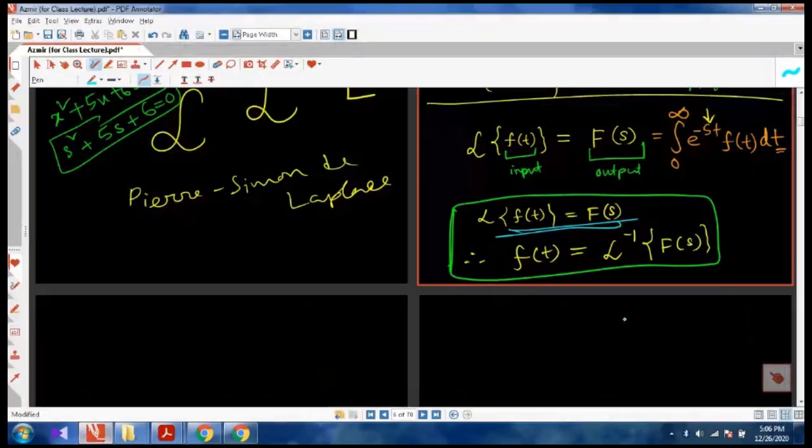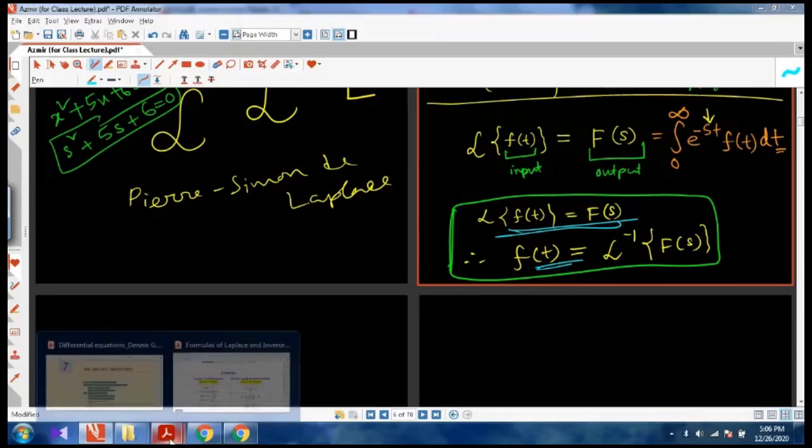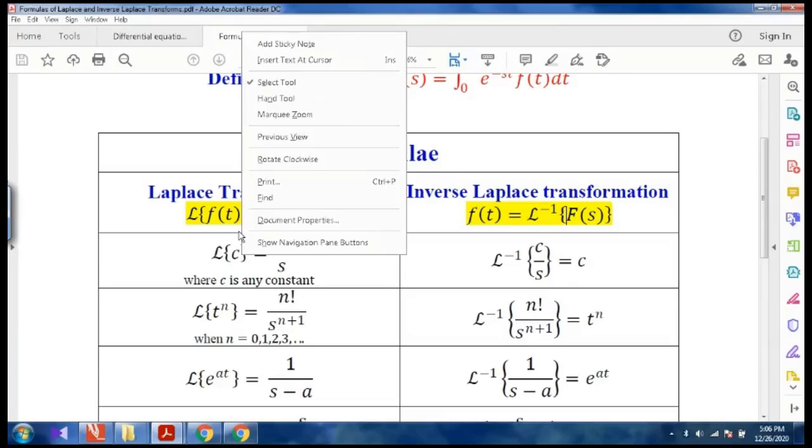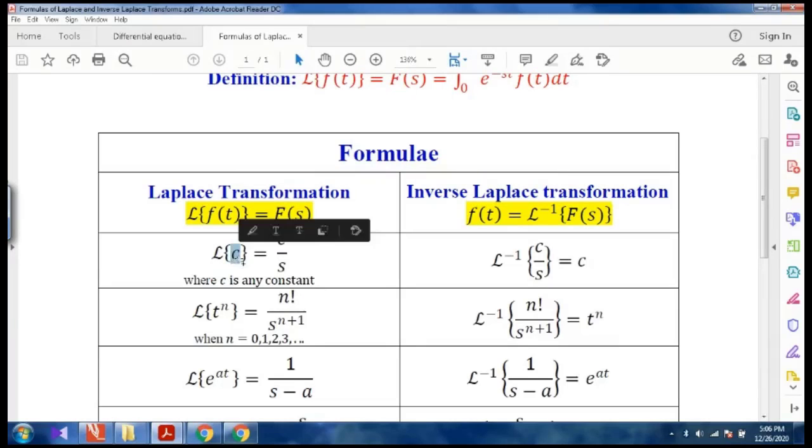And here I have also mentioned the inverse Laplace transformation, that is f of t equal to inverse Laplace of F of s. So same thing is done here. F of t is inverse Laplace transform of F of s. So if we try to find the Laplace transform of a constant, we will get constant by s.